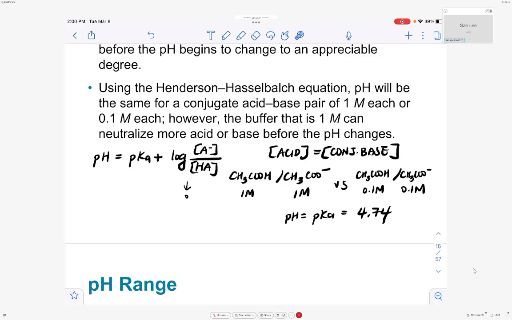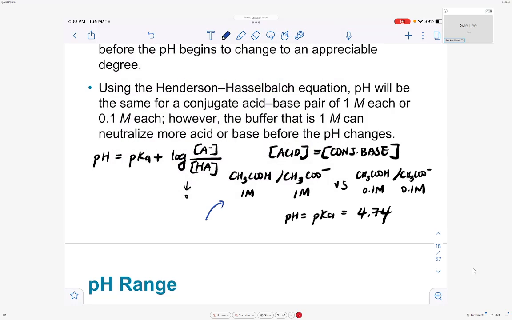However, the buffer solution with 1 molar conjugate acid base pair contains a higher concentration of acid and base, right? So if we were to add sodium hydroxide into a buffer solution, for example, the buffer with the higher concentration of acid, this 1 molar of acetic acid, will have a higher capacity to neutralize this newly added sodium hydroxide base.